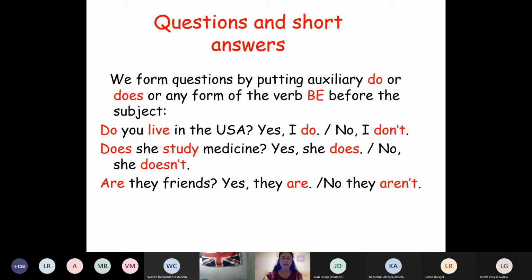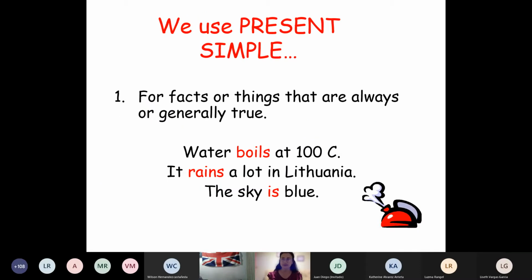Okay? And here, what do we use the present simple tense for? We use the present simple tense in order to express facts or things that are always or generally true. For example, the water boils at 100 centigrades. So this is a general fact, a general piece of information which is true. Or it rains a lot in Lithuania, or the sky is blue.